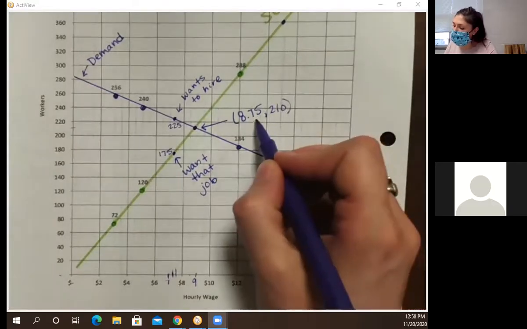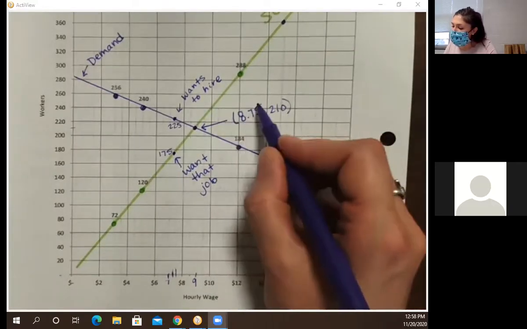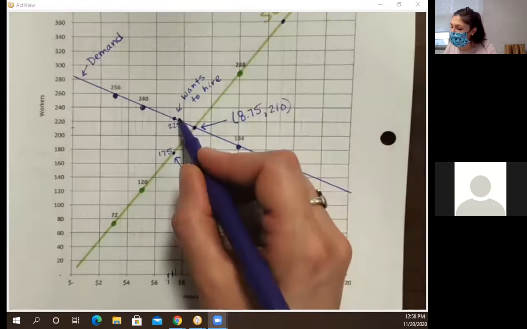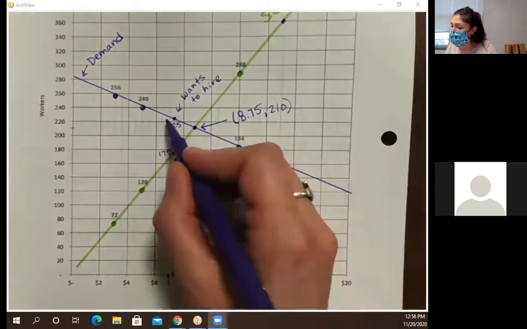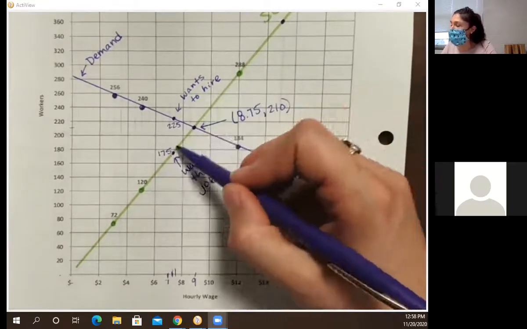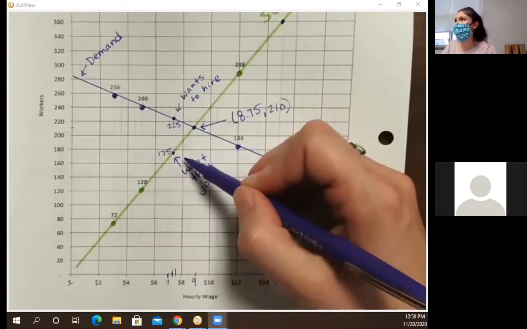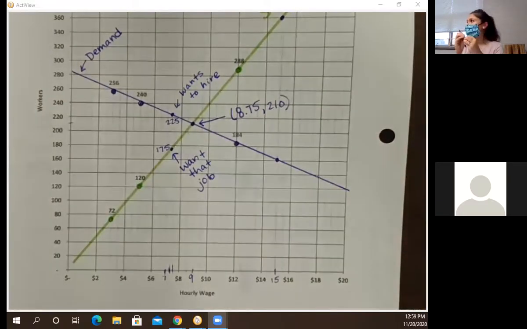So what that means is that for $8.75, we have 210 people that the company is willing to hire, but we also have 210 people interested in the job. That's the sweet spot for this problem. That's what we're looking for. When do those numbers match?